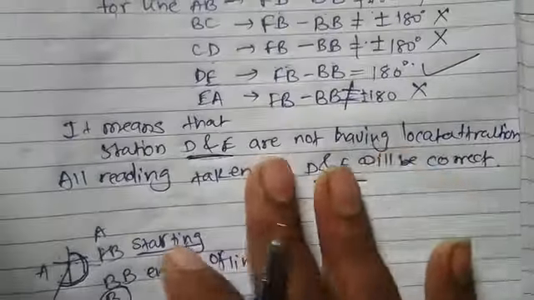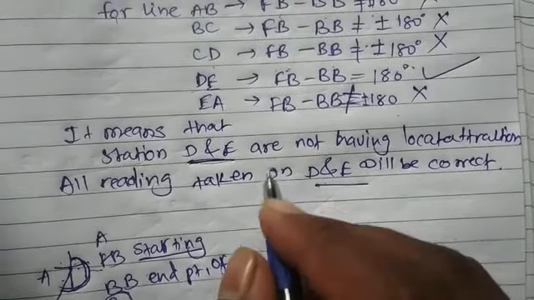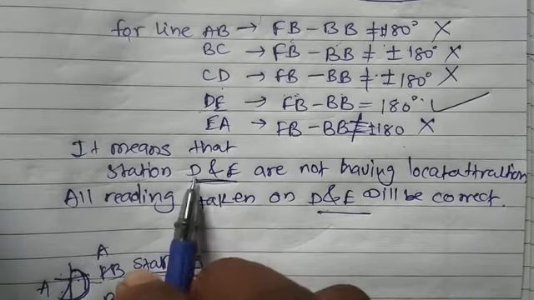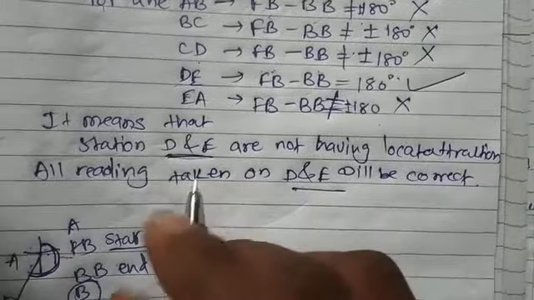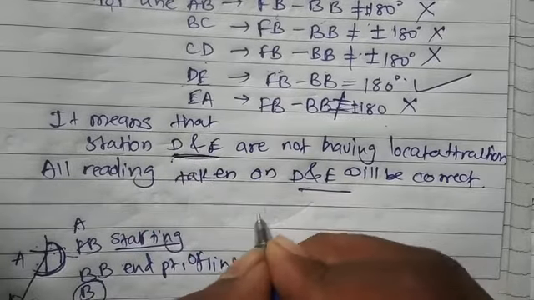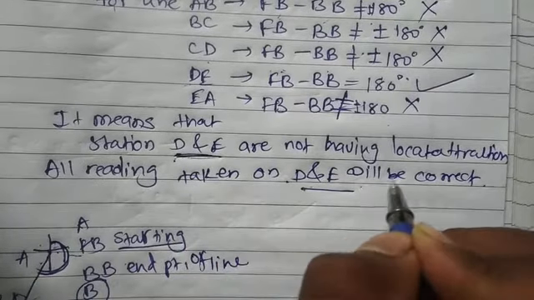Likewise, let's see which bearings are taken from D and E. Now you can guess that all readings taken on D and E will be correct.